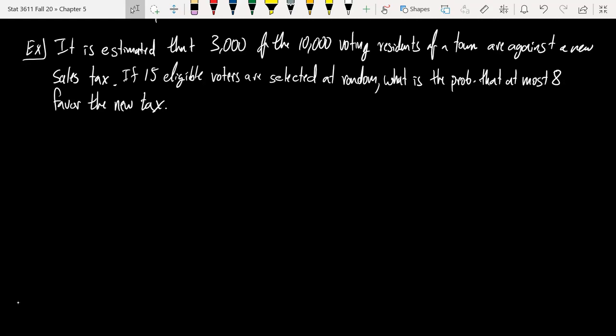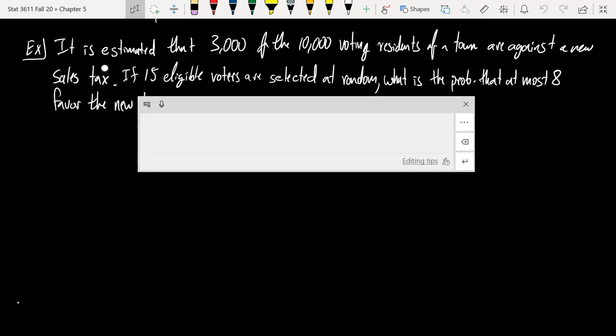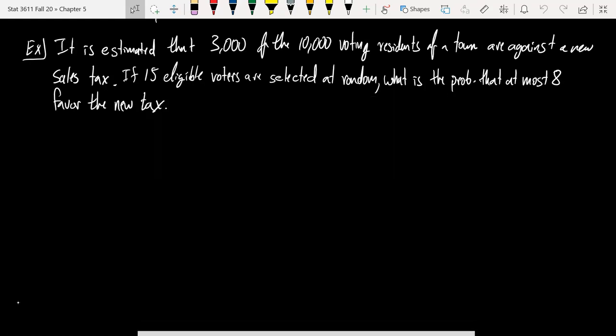It's estimated that 3,000 of the 10,000 voting residents of a town are against a new sales tax. So 15 eligible voters are selected at random. What's the probability that at most 8 favor the new tax?